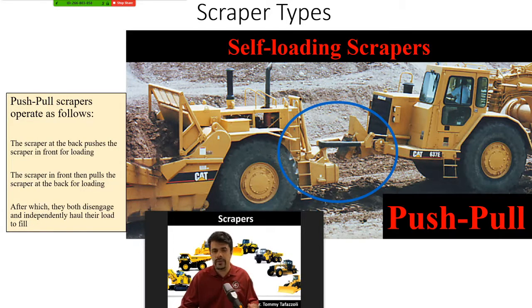Sometimes it's vice versa. I mean the front scraper could pull the back scraper. So it's like they work hand in hand to step in where more energy is needed, which is provided in terms of pushing or pulling, after which they both disengage and independently haul their load to fill.